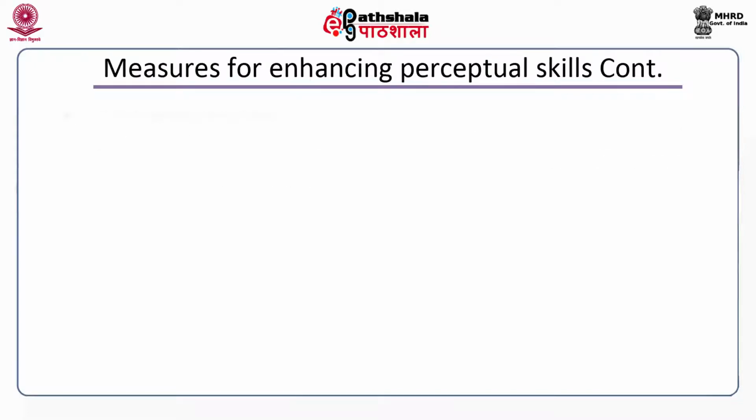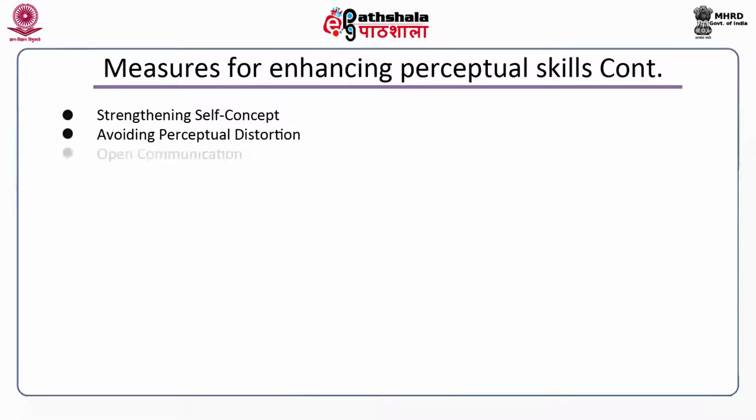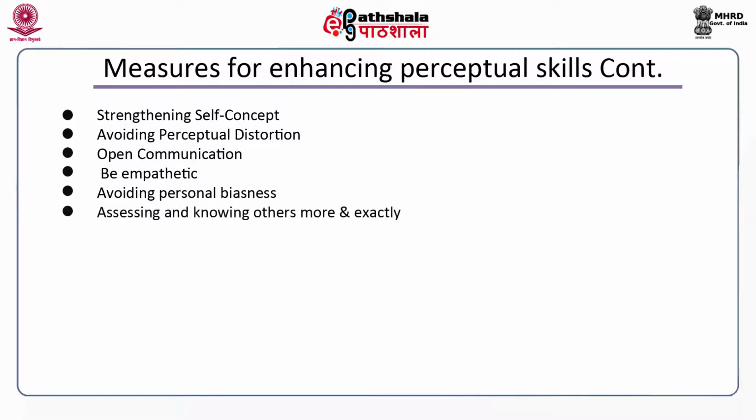Number 1, strengthening self-concept. Number 2, avoiding perceptual distortions. Number 3, open communication. Number 4, be empathetic. Number 5, avoiding personal biases. Number 6, assessing and knowing others more and exactly.